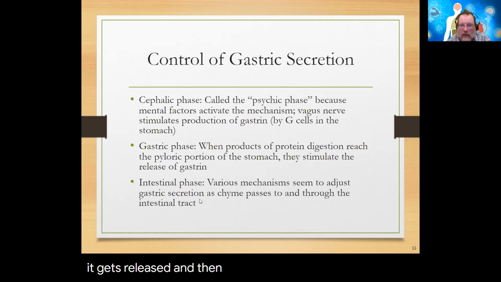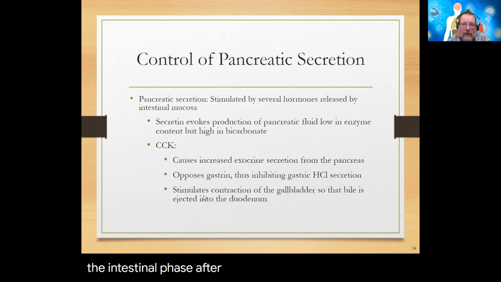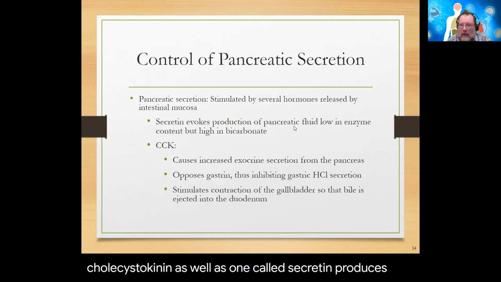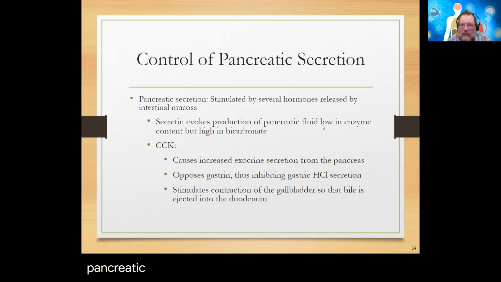And then that's going to trigger the intestinal phase after the gastric phase. And pancreatic secretion, again, is primarily dealing with CCK or cholecystokinin, as well as one called secretin, produces pancreatic fluid that's low in enzyme content but high in bicarbonate.